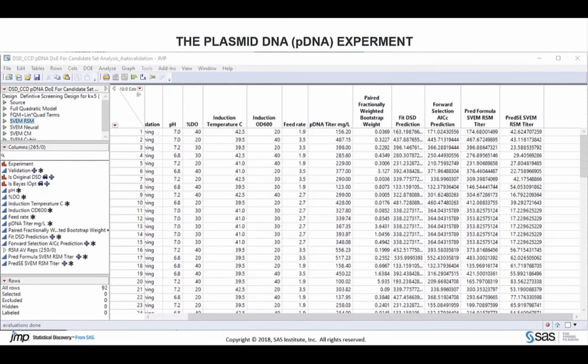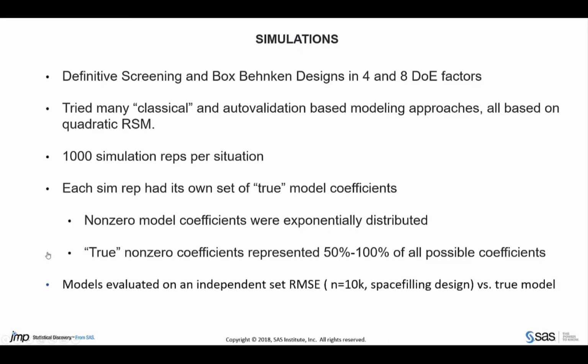So the Pdna experiment is pretty encouraging for S-VEM, but it's only really an N of 1. So now I'm going to go over some simulations that were done by our graduate student at University of New Hampshire, Trent Lemkis, where he's done simulation studies comparing S-VEM to other classical procedures and other different ways of tweaking auto-validation methods in general, where we looked at definitive screening designs and Box-Behnken designs in 4 and 8 factors.